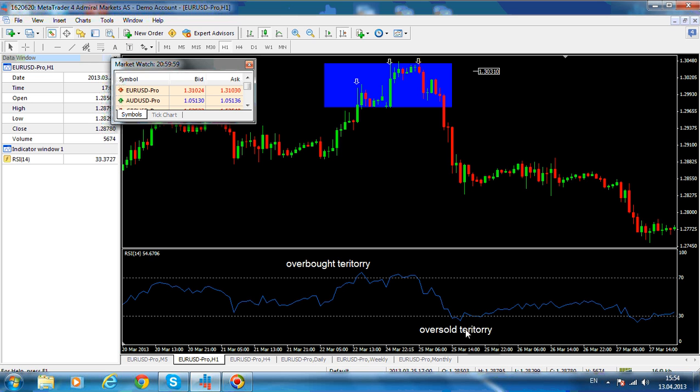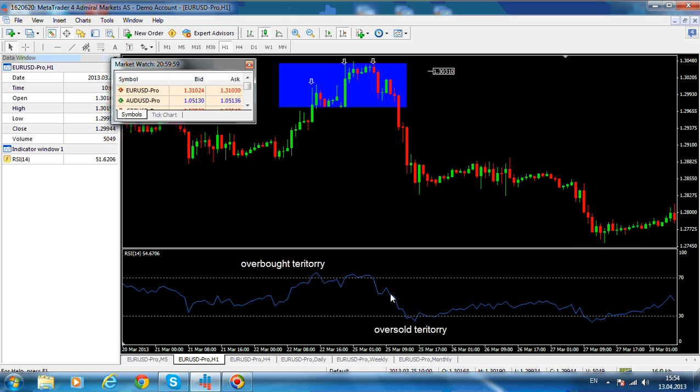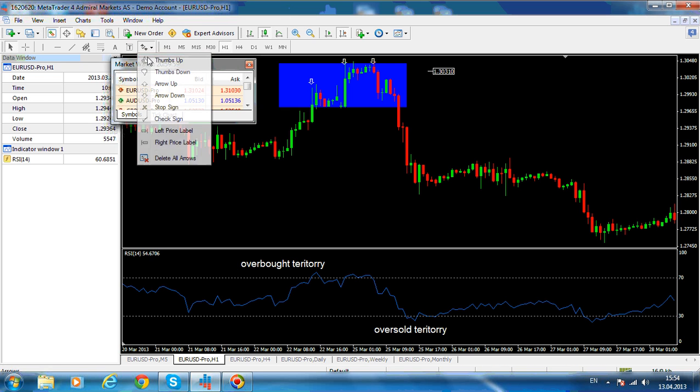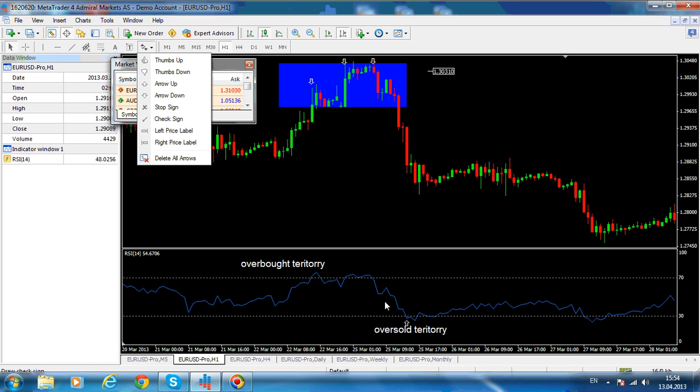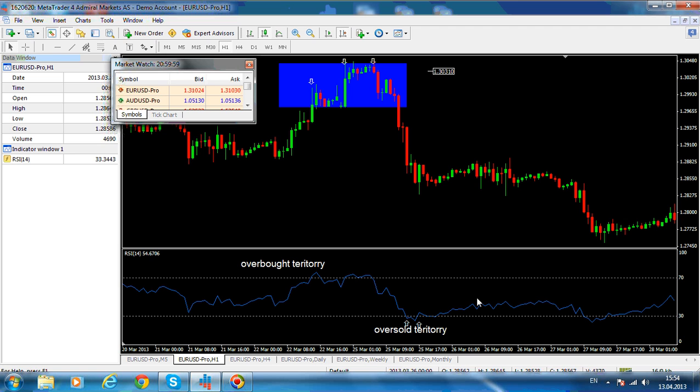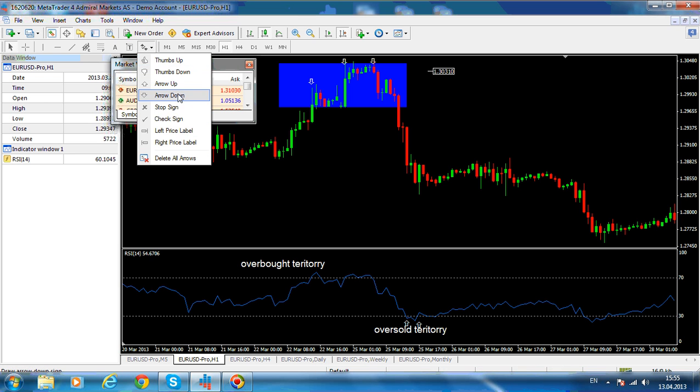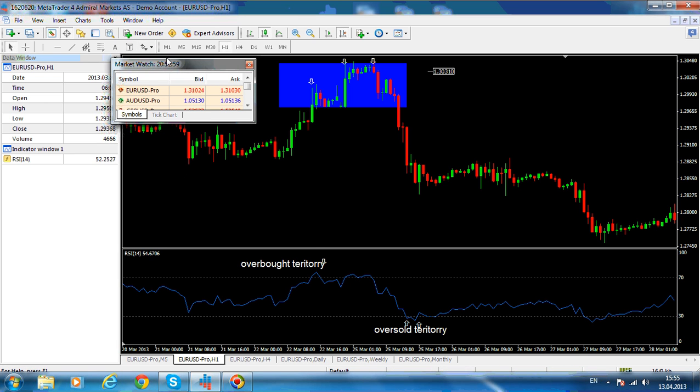Or if the price you see in here is coming into the oversold territory, then the pressure would be actually to try to buy from these levels. So in oversold territory, people normally try to buy, and in overbought territory, people normally try to sell.